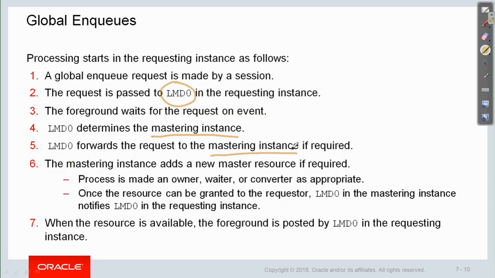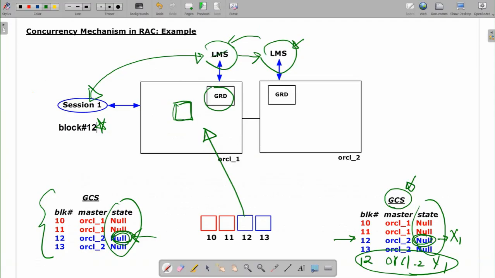So a master instance will manage metadata and update metadata and then send the updated information to the local LMD, and the local LMD will update local information accordingly and then notify the session about this change. So this is about global enqueue resource management. It's pretty much the same as this. You can just replace this with LMD and also LMD. But this time it's not global cache service management, it's global enqueue resource management.